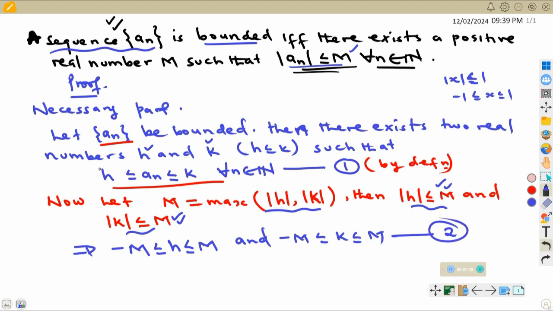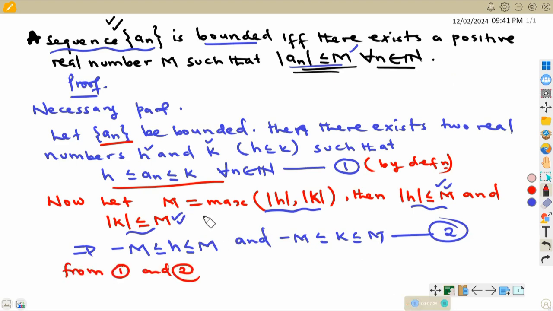So already we have got our equation 1, which is h is less or equal to an, which is less or equal to k for all values of n picked from this set of natural numbers, and we have this equation as well.